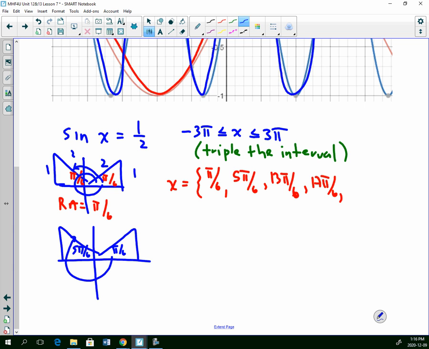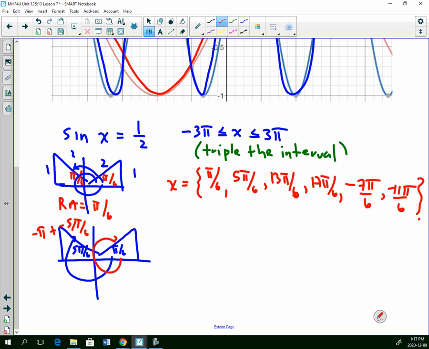This would be negative 11 pi over 6. Right, because we have pi, so this would be negative pi plus negative 5 pi over 6. Because we're going in the negative direction, so we're past pi. So we're adding the 5 pi over 6 to the negative pi. And then this one all the way over here would be negative 7 pi over 6. And then the last one would be negative 11 pi over 6.